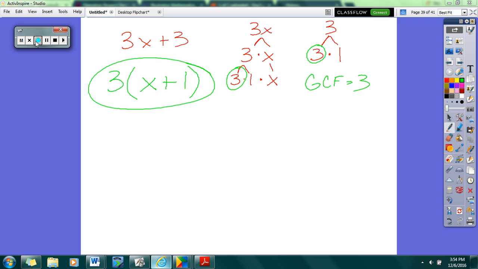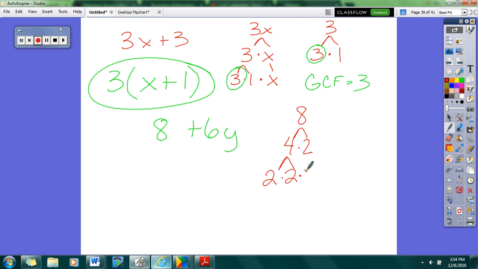So let's look at number 13. In number 13, I have 8 plus 6y. So I'm going to break both of these down using a factor tree. I know 8 is 4 times 2, which can be broken down into a product of primes of 2 times 2 times 2. 6y can be broken down to 6 times y, which can be broken down to a product of primes of 3 times 2 times y.